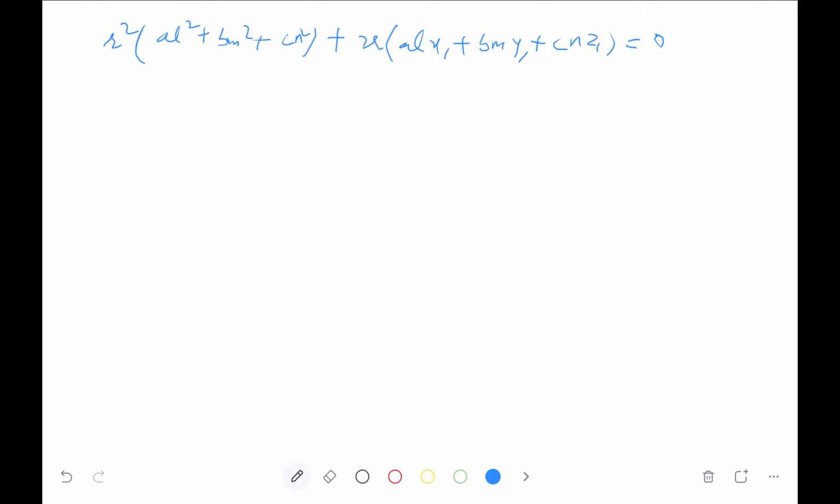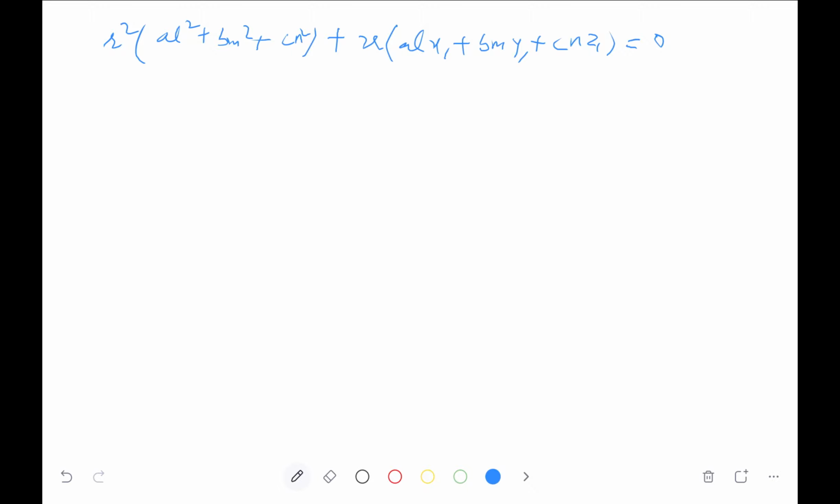So l can be replaced by x minus x1 by r, m can be replaced by y minus y1 by r, n can be replaced by z minus z1 by r. And r will be taken common and cancelled.